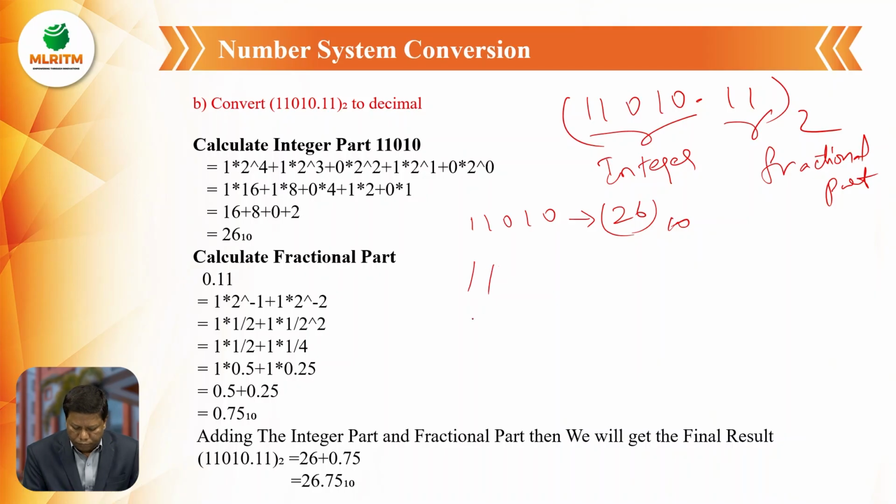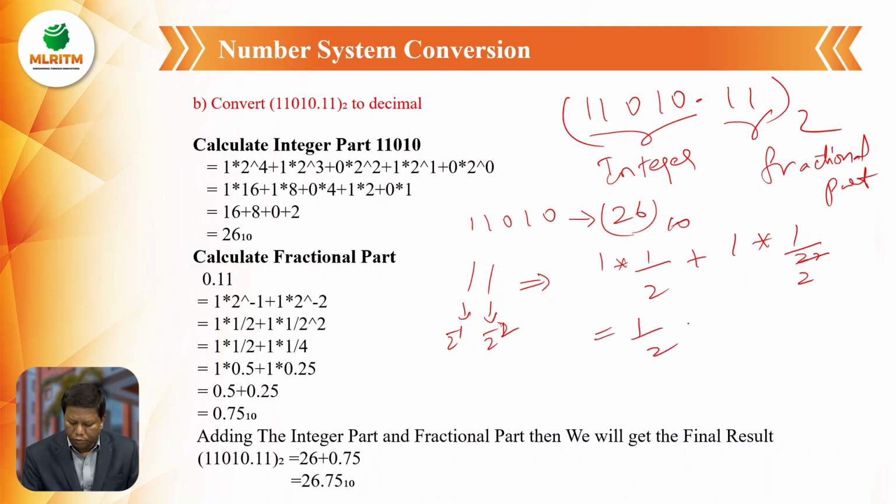11 we can write as 2 power minus 1, 2 power minus 2, which can be written as 1 into 1 by 2 plus 1 into 1 by 2 square, equal to 1 by 2 plus 1 by 4, which can be written as 0.5 plus 0.25.